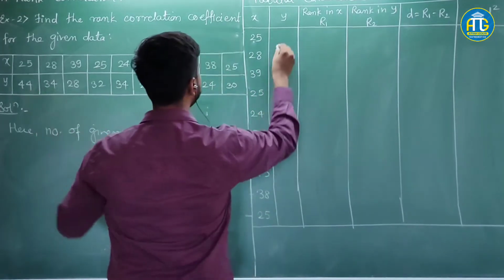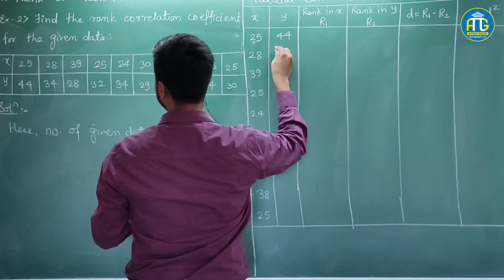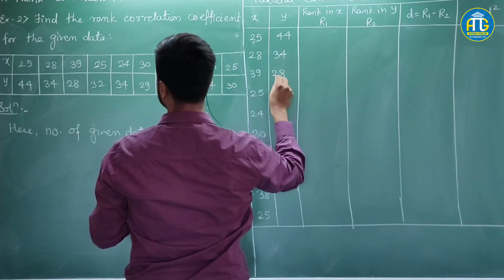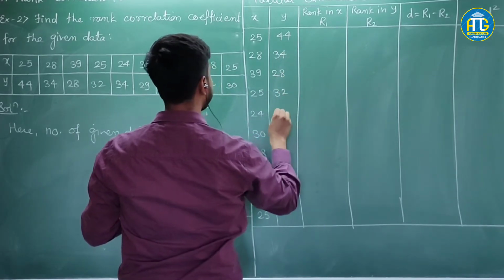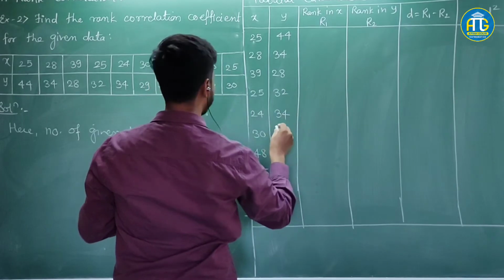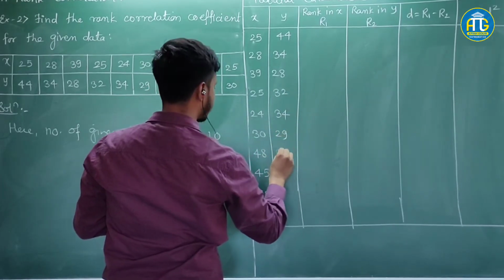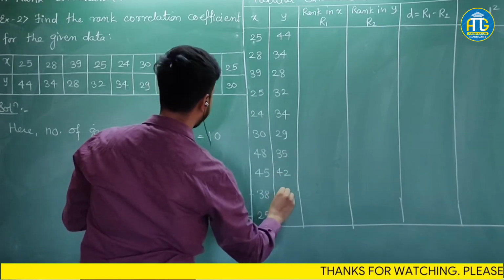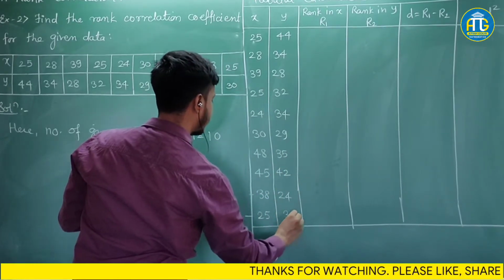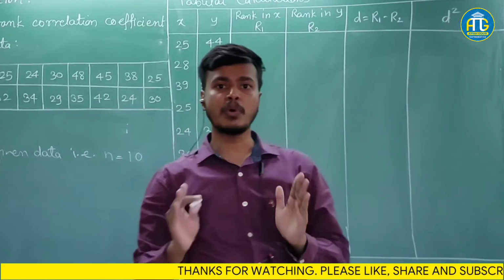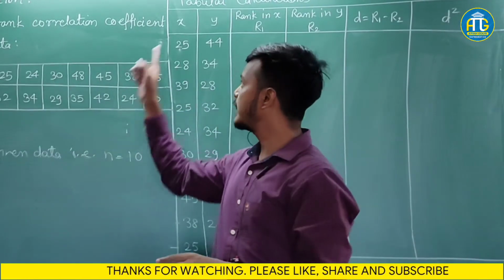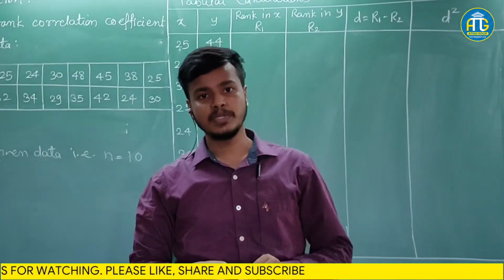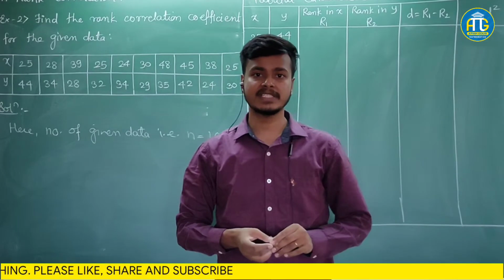Okay, so we have the values 44, 34, 28, 32, 34, 29, 35, 42, 24, 30. Now I want you to pause the video for a minute, assign the ranks R1 and R2, and then resume the video. So I hope you might have assigned the ranks.